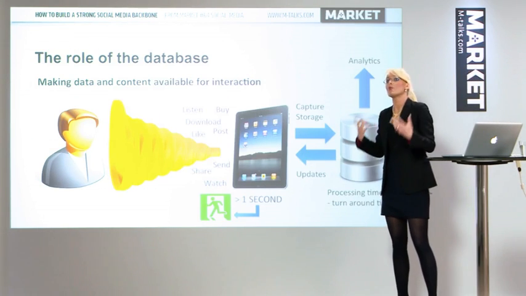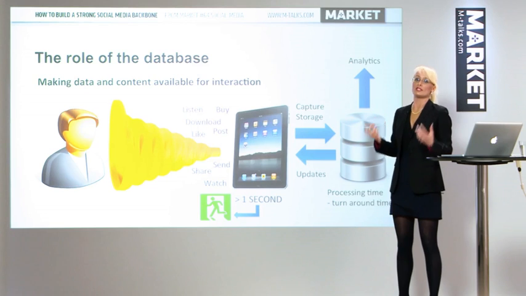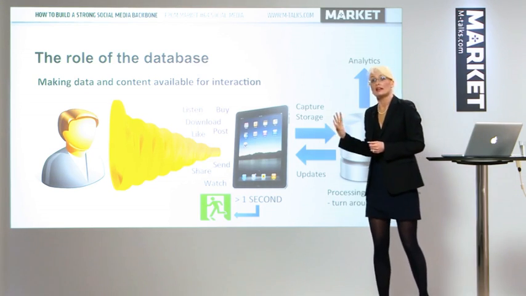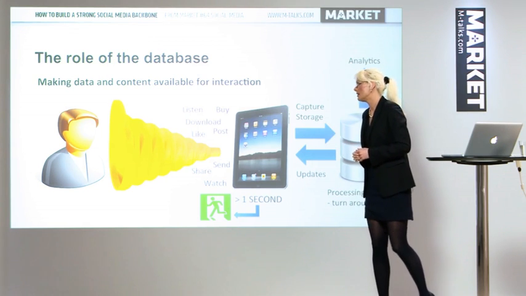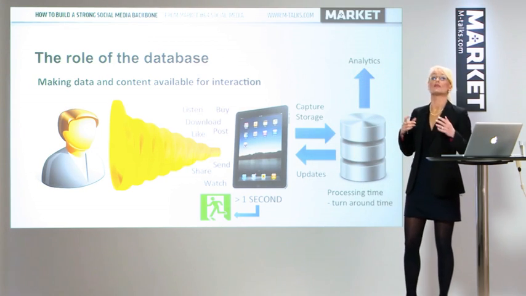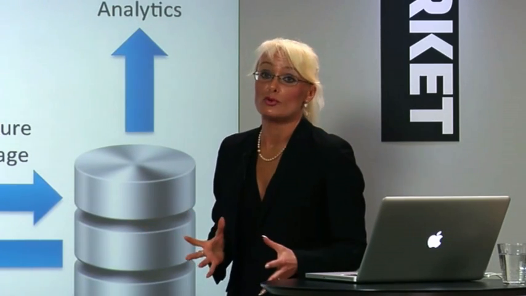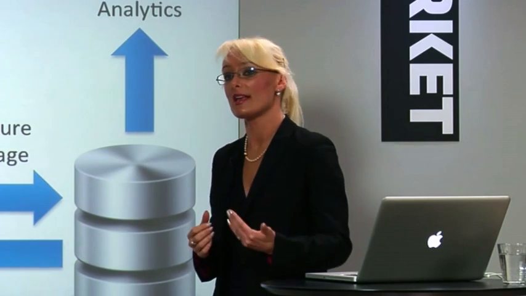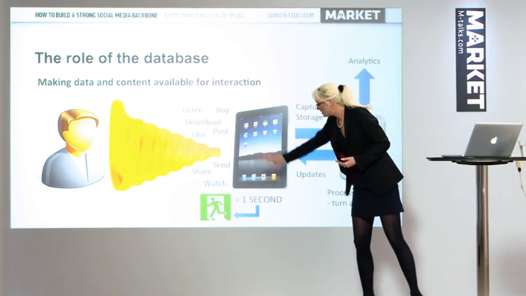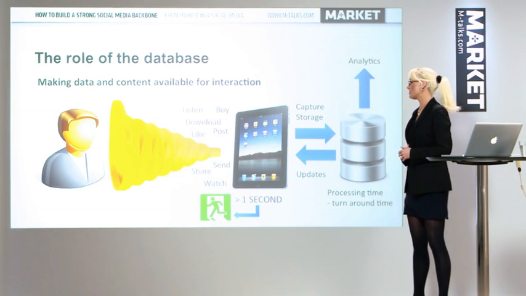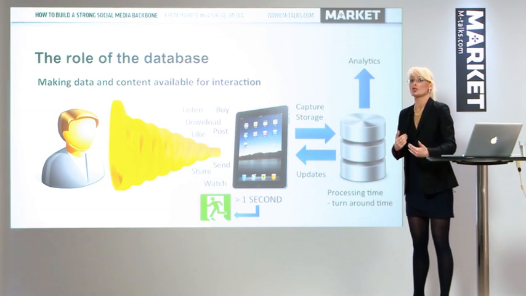When you know a little bit more about what makes your users leave, you have to understand a little bit more about the role of the database. Because the role of the database is to make content available for the user. And there are different ways of doing that. When the user interacts with their primary interface, mobile app or web service, they put information to you.